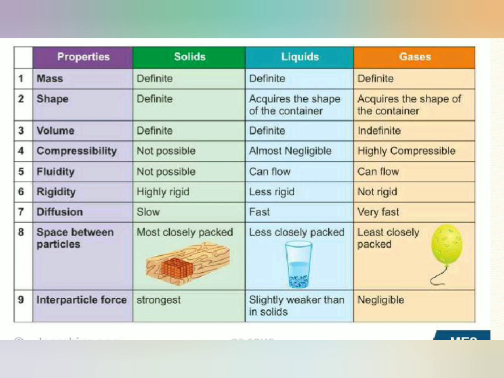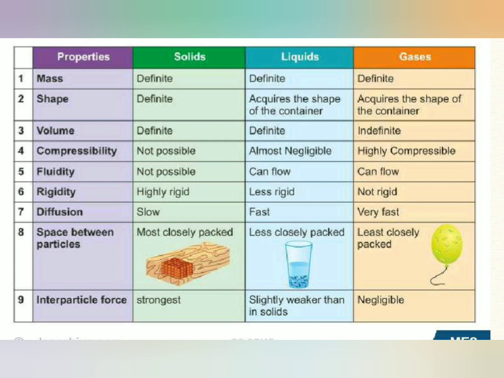Seventh property is diffusion. Diffusion means mixing of two states. Solid has less diffusion tendency, liquid has fast diffusion tendency, and gas has a much faster tendency to diffuse into each other. Eighth property is space between the particles.